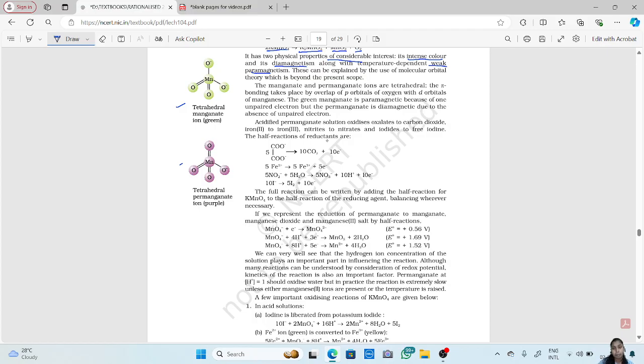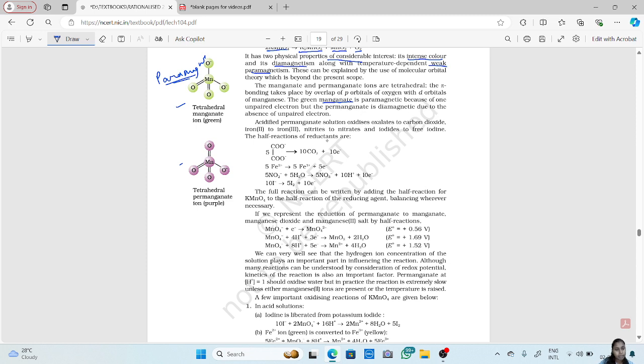Manganate ion is paramagnetic because of its unpaired electron.